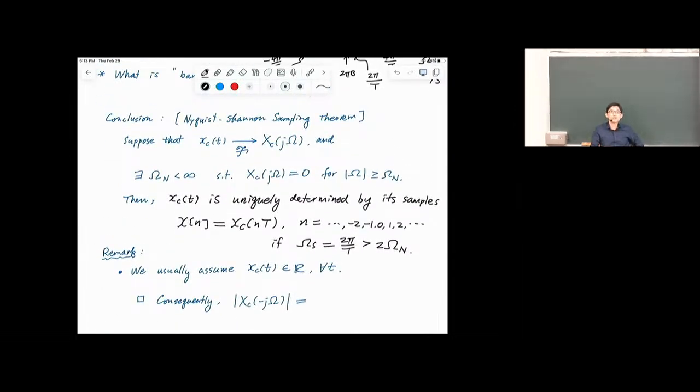Suppose that the signal is band limited, it has a finite bandwidth above which the spectrum vanishes to 0. Then we can sample the signal, and we will be able to reconstruct the unique xc of t that corresponds to the samples if the sampling frequency is greater than 2 times the upper bound.